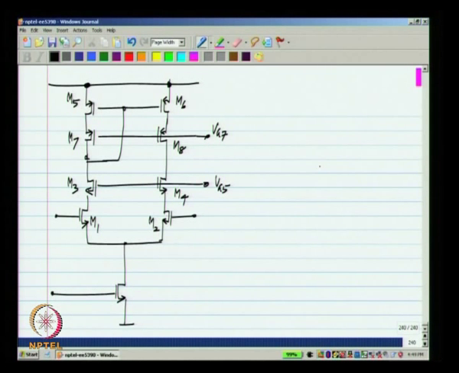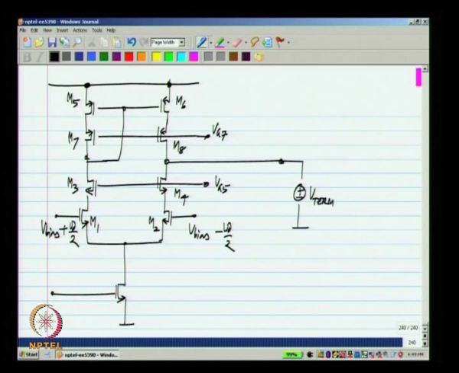Vg7 and Vg5 are such that all transistors are in saturation region. As usual, we will evaluate the small signal trans admittance by terminating it with a voltage source.